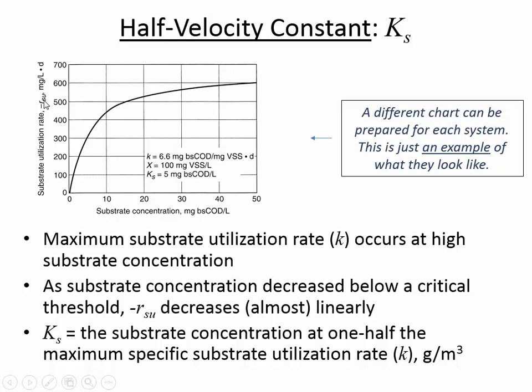Here it shows us they are consuming 600 milligrams per day if you have 50 milligrams per liter in the aeration basin. By the way, if the concentration is only 50, how can they eat 600? The concentration is 50 milligrams per liter. So how is it that these bugs are able to consume 600 milligrams per liter per day?